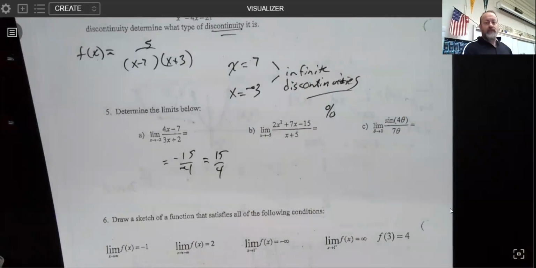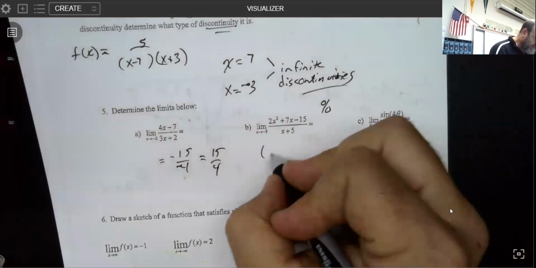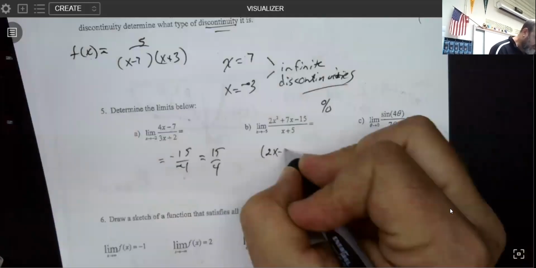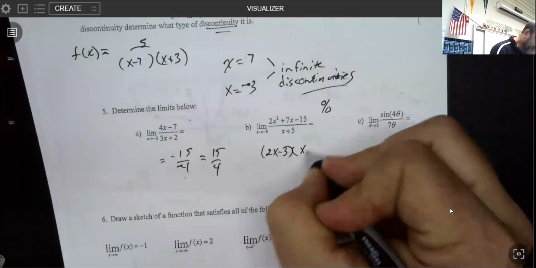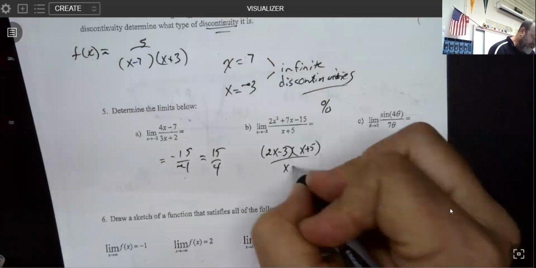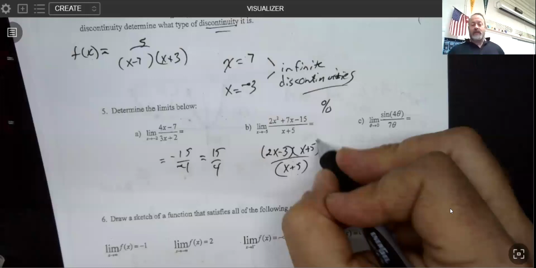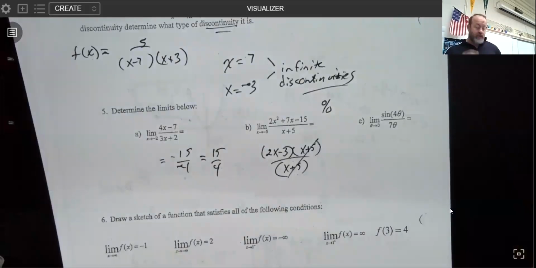Just please take the time to plug it into the numerator and the denominator before you just go crazy and start doing stuff. But this particular problem factors very nicely to 2x minus 3 times x plus 5. So keeping in mind that we're looking at those two things to kind of, quote, cancel out. Now they do, we should know that that's going to be a removable discontinuity.